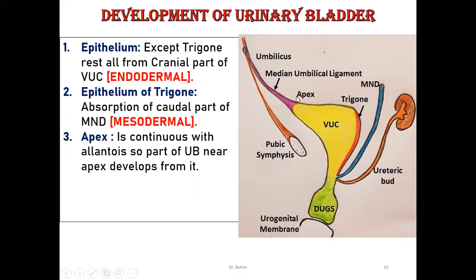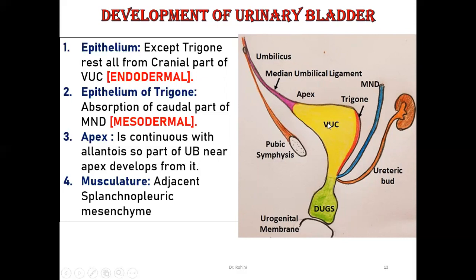So part of urinary bladder near the apex develops from the allantois, and ultimately this part gives attachment to median umbilical ligament in adults. And rest all musculature and connective tissue will be derived from Splanchnopleuric layer of lateral plate mesoderm.